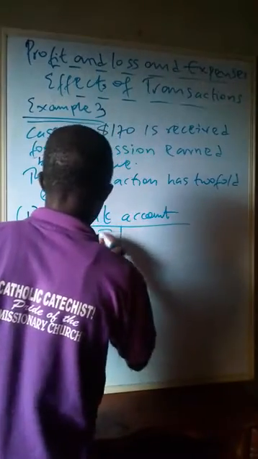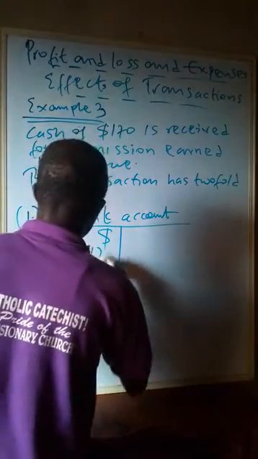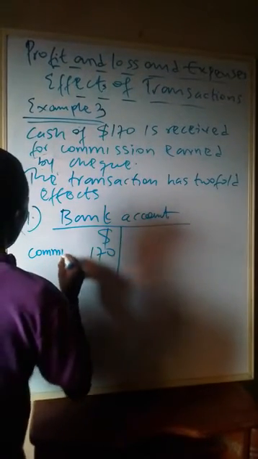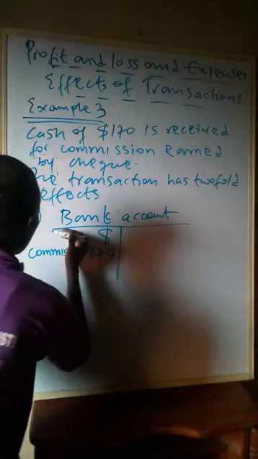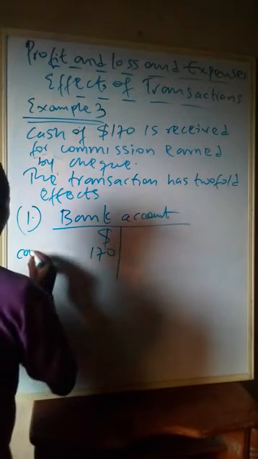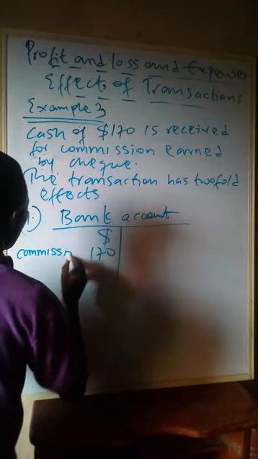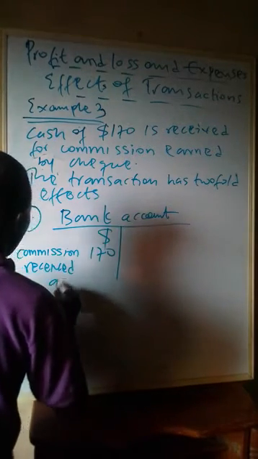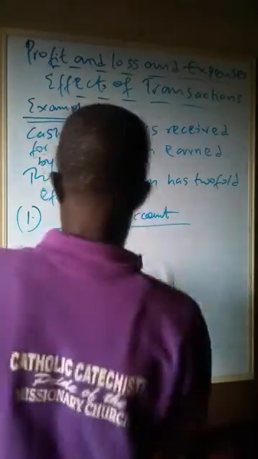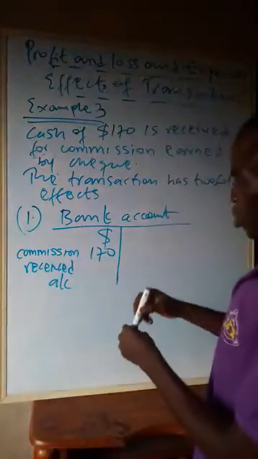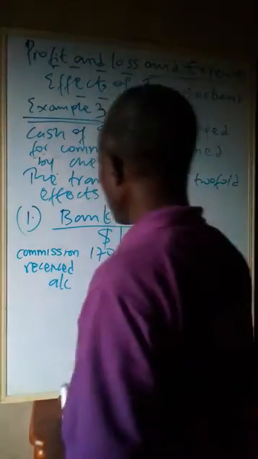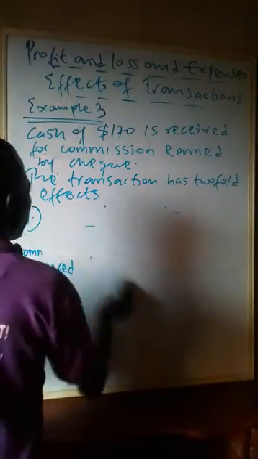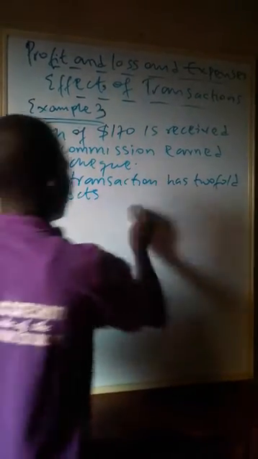Bank account. And what do you debit $170 with? With the commission received account. That's the first effect.